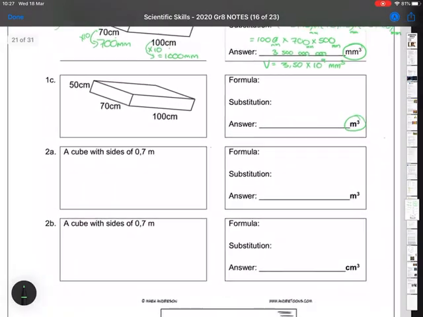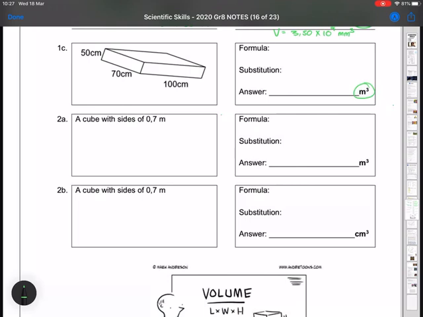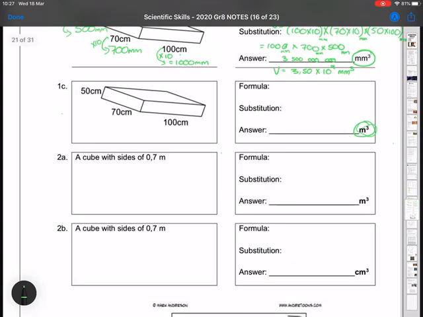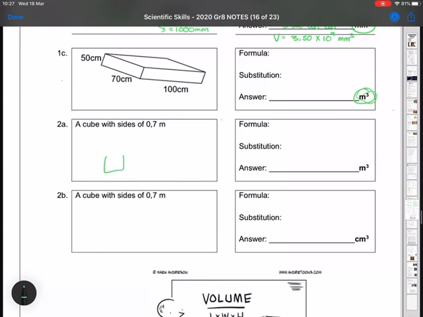Okay, so before you play the video for your next lesson, I want you to do 1C, where you have to take those same values, the same box, but you're going to convert it to meters cubed. And 2A is a cube with sides of 0,7 meters. 0,7 meters by 0,7 meters by 0,7 meters.